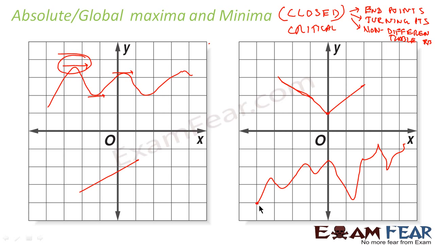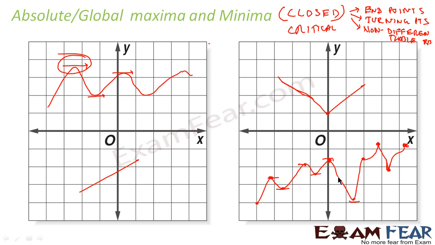So the points we should cover are the extreme points, non-differentiable points, and all the local maxima and minima, that is, all the turning points. Let's suppose this is also a non-differentiable point. We'll consider all these points, find the actual value at each of them, and whatever is the maximum is the absolute maximum, because that is 100% sure the maximum in that particular domain. So that's how we'll do it.